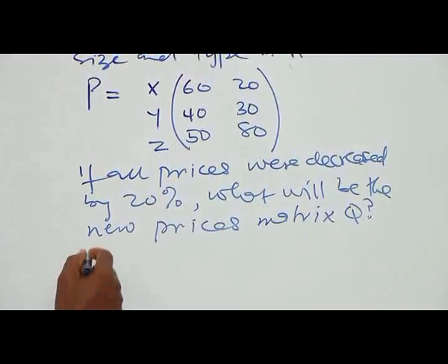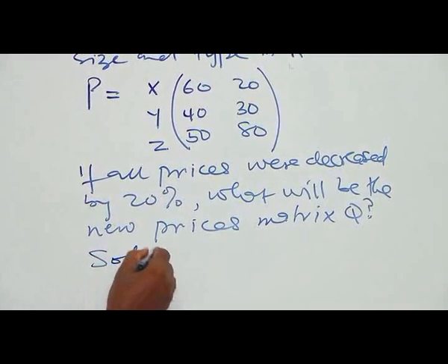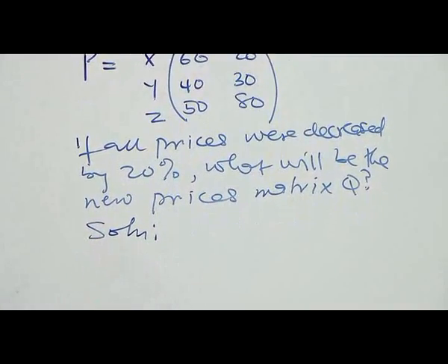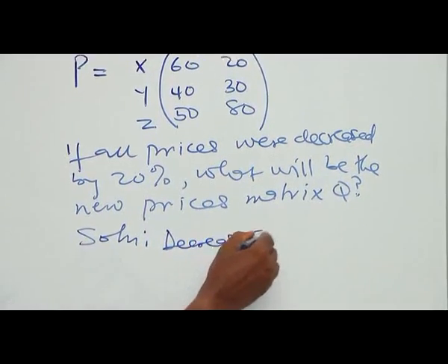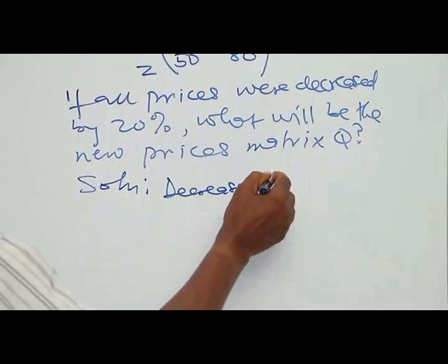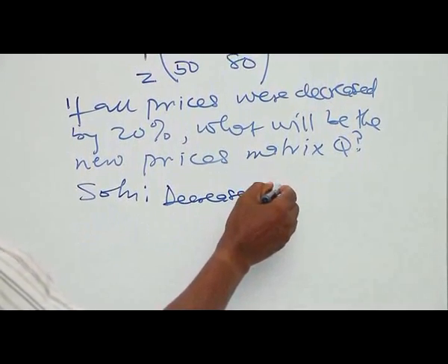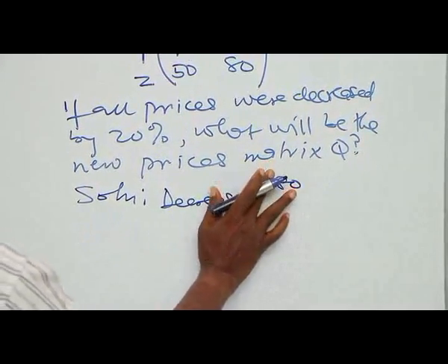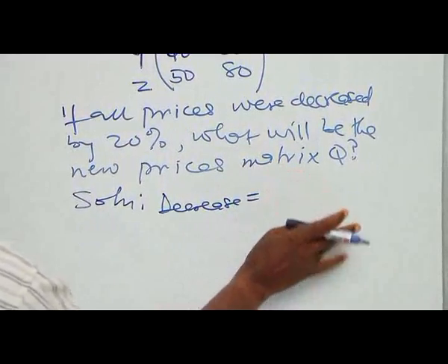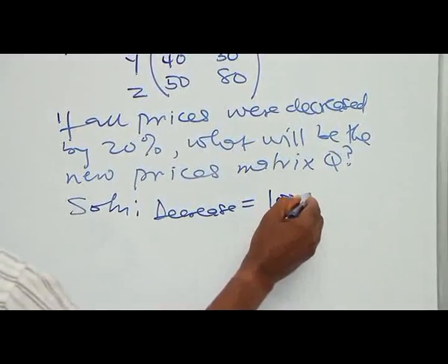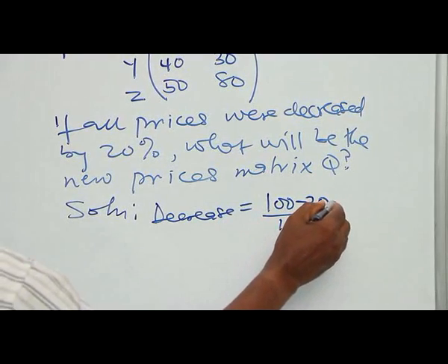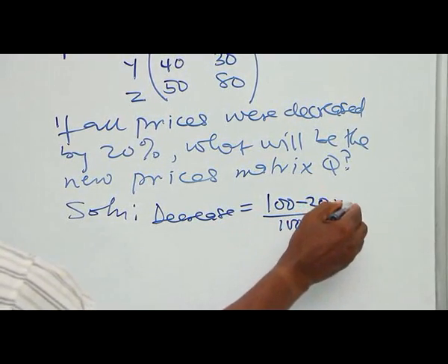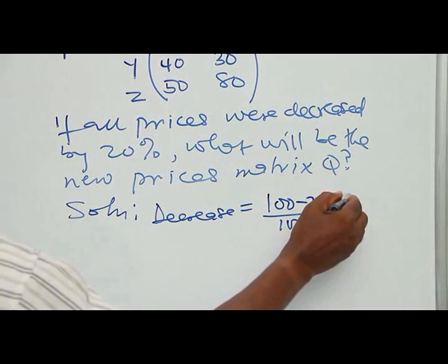Matrix Q. Solution. First of all, to decrease by 20% means we have 100 minus 20 all over 100 times each of them.